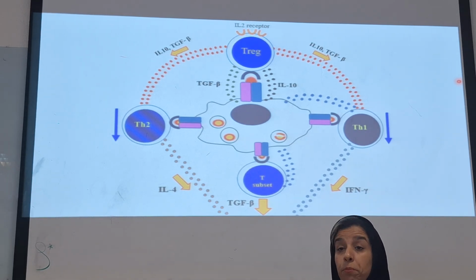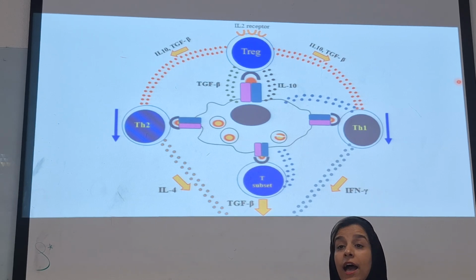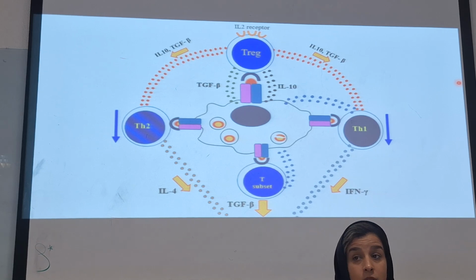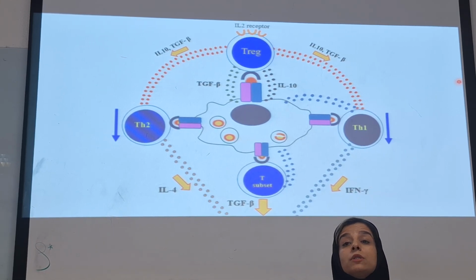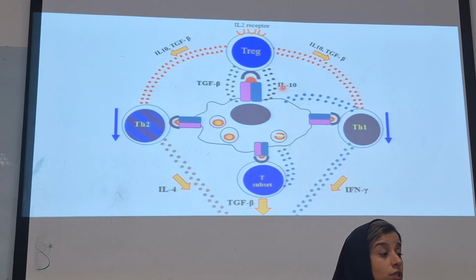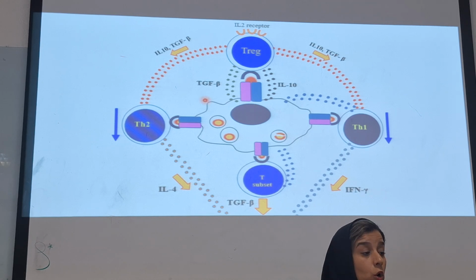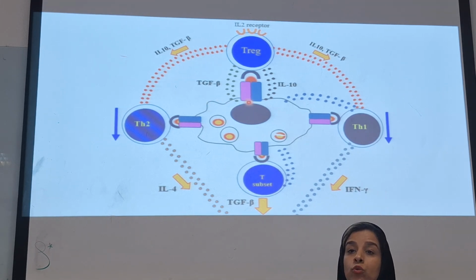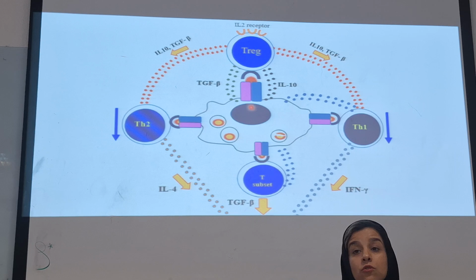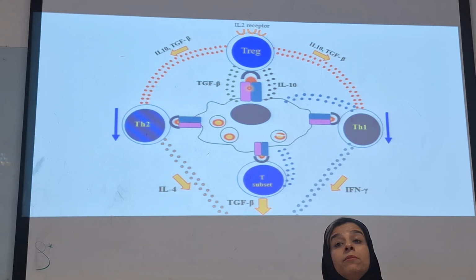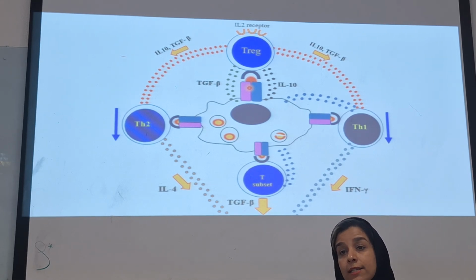But on the contrary, we have some monocytes that are alternative or non-classical, and they are immunosuppressive. They produce many immunosuppressive cytokines like interleukin 10 and TGF-beta, and so they lead to differentiation of T cells to regulatory T cells, because at this time our body needs immune suppression, to control the response of the immune system.